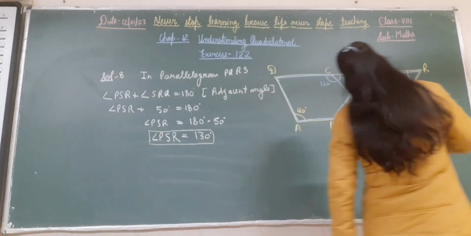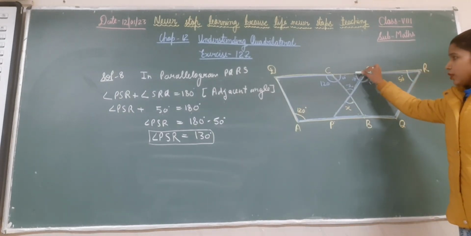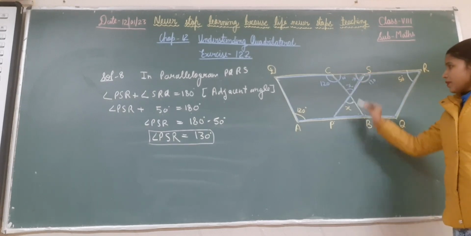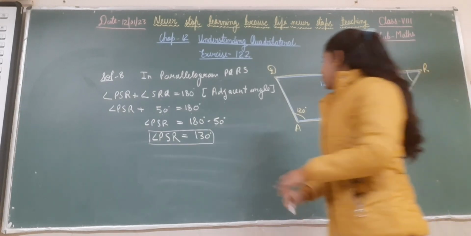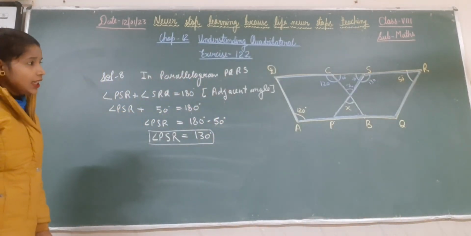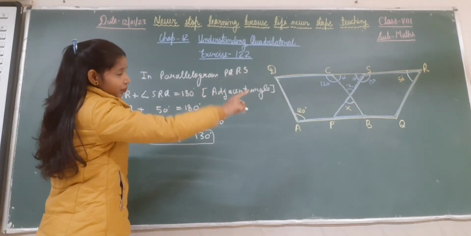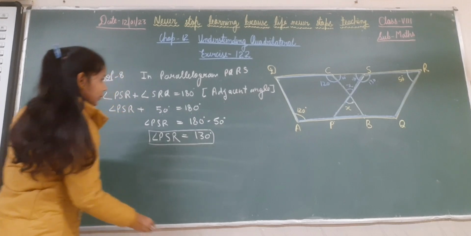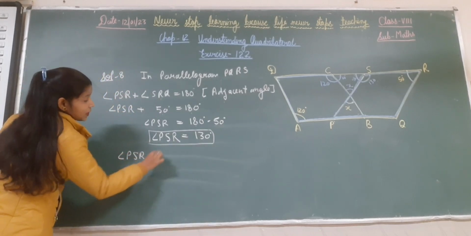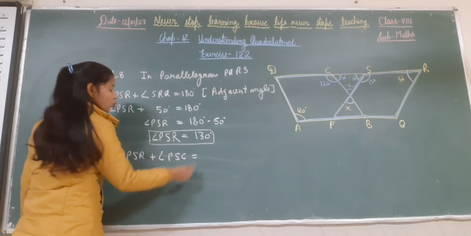So class, let me know if this angle is 130 degree, what will be the angle of this? These both are making linear pair. So we will subtract 180 minus 130. So write down here angle PSR plus angle PSC is equal to 180.